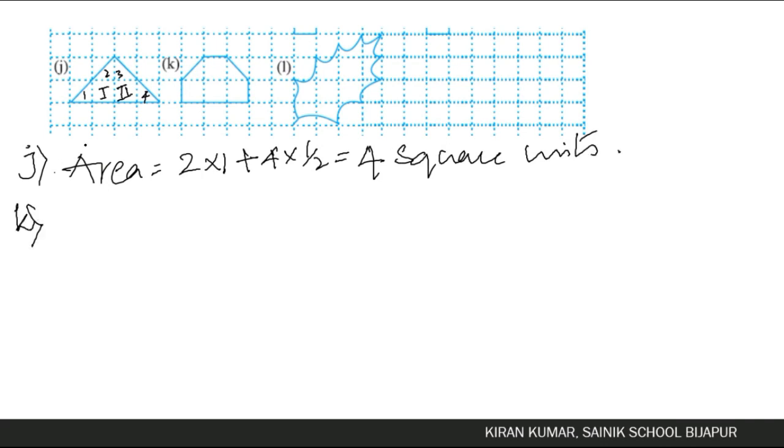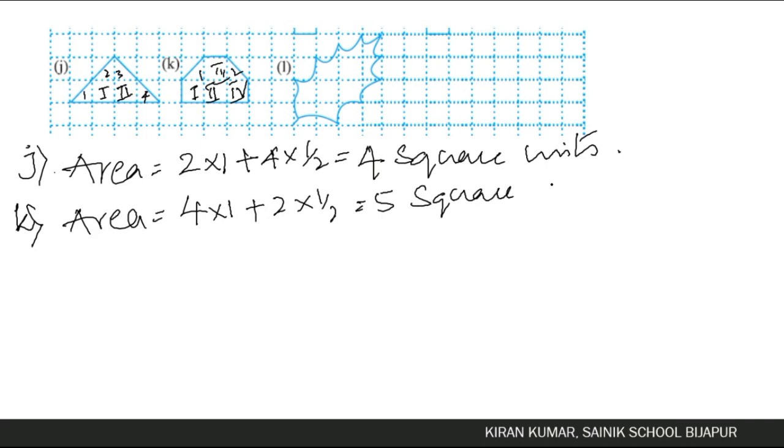Next figure, there are 4 fully filled and 2 half filled, so area will be equal to 4 fully filled plus 2 half filled. We get it as 5 square units.